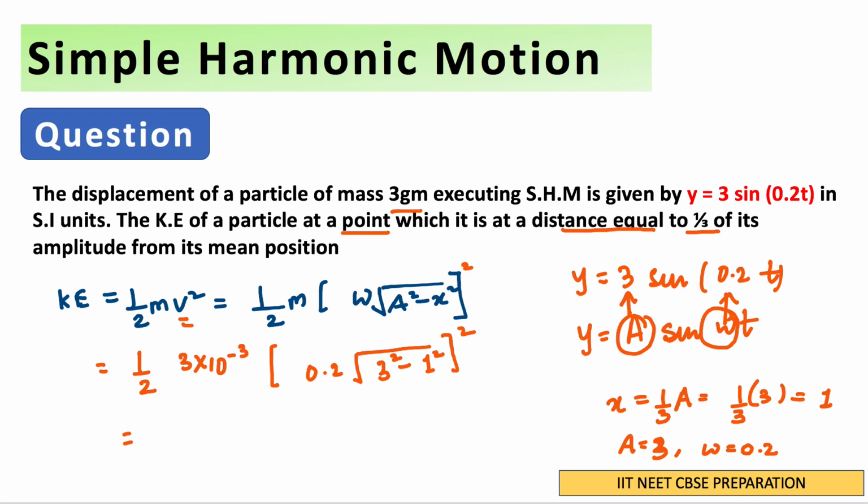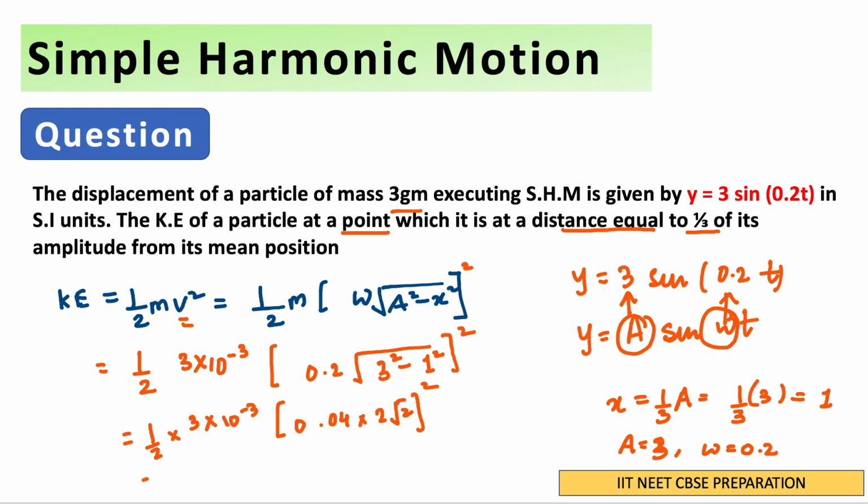So what we are getting is half into 3 into 10 to the power minus 3, times 0.2 whole square, which is 0.04, and 3 square minus 1 square, that's 9 minus 1, 8. So that's going to be 2 root 2, and then we have whole square.